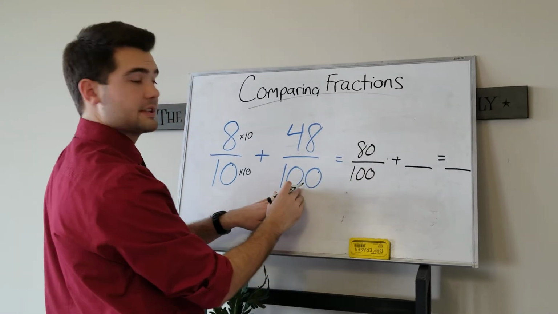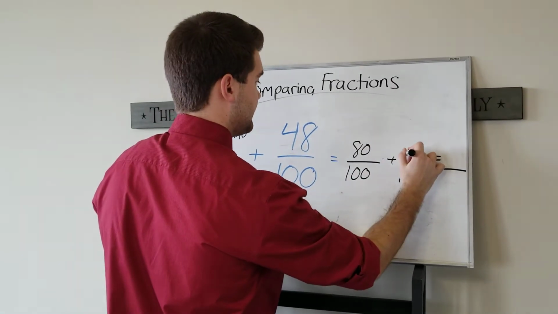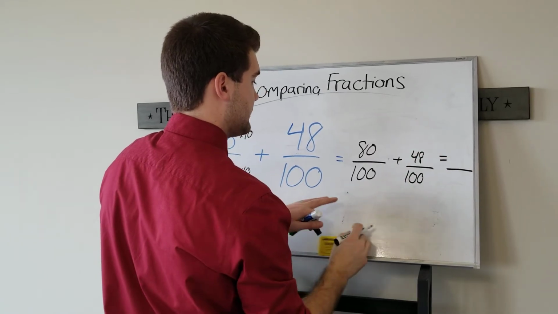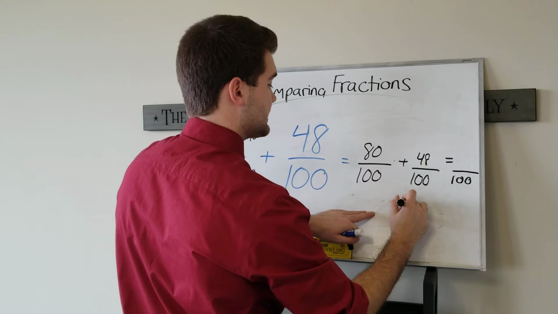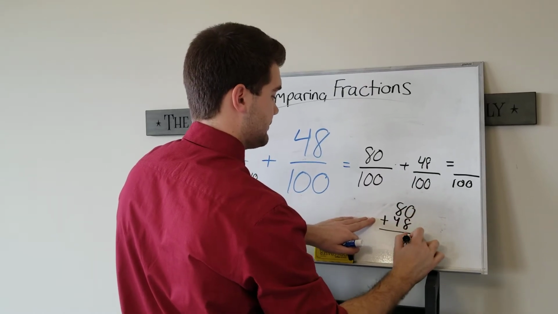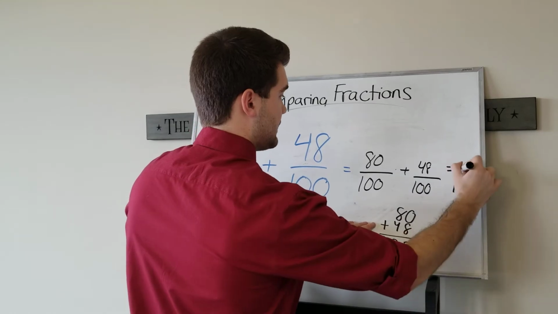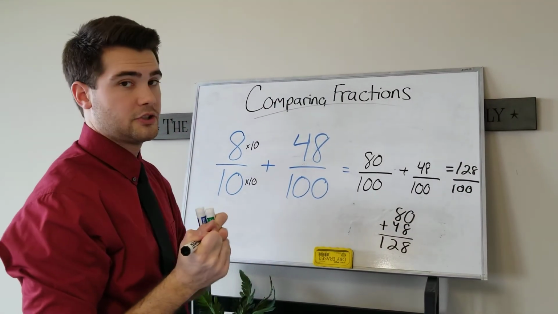Because this one is already 100, we don't have to do anything. We can just transfer it over. Now we're going to keep the denominators the same and just add the numerators. So your answer is going to be 128 100ths.